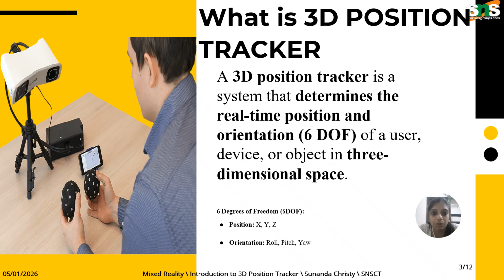Now let's move on to what is a 3D position tracker. A 3D position tracker is a system that determines the real-time position and orientation of a user device and also an object in three-dimensional space.